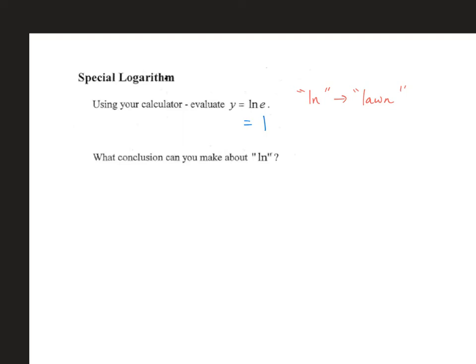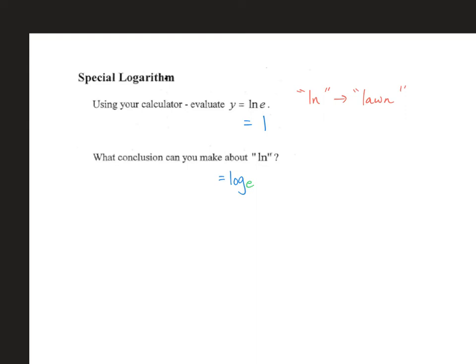And so, again, formally, just to get down, even though we've discussed this before, what conclusion can you make about ln? I'm going to write something down that is terribly incorrect. It's that when we write log and we see ln, that we know that that's really a log base e.